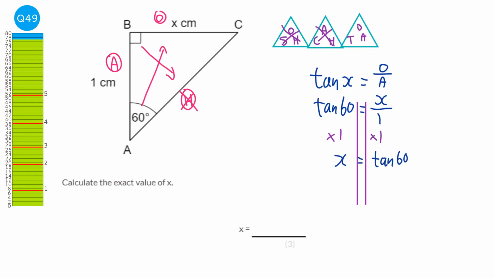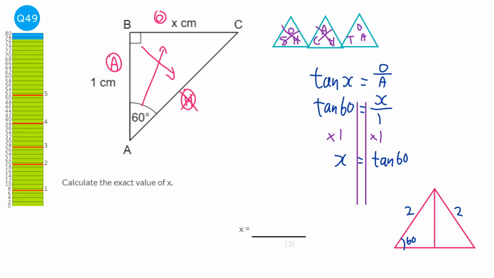Now you need to know off by heart what tan 60 is, and we can work it out just briefly by drawing a right angle triangle, sorry, not a right angle triangle, an equilateral triangle. So that is going to be 60 by 60 by 60. And we're going to put all the lengths around the outside as 2. And what I'm going to do is cut it down the middle, just cut it in half.